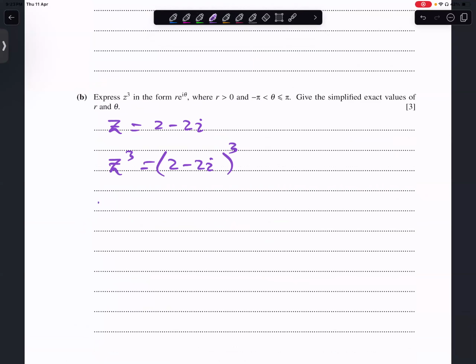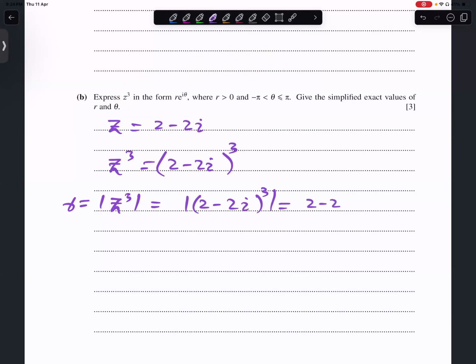Now simply find the argument. Okay, let's find the mod of z cube so that you can find r. Actually, students, we need to express this z cube, so its r will be its mod. So my r will be the mod of z cube, so mod of (2 minus 2i) whole cube. We have studied the properties of mod, that mod and power are interchangeable.